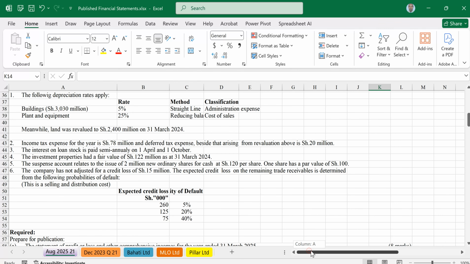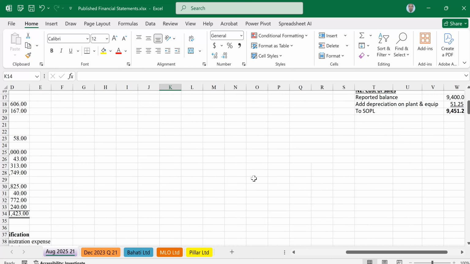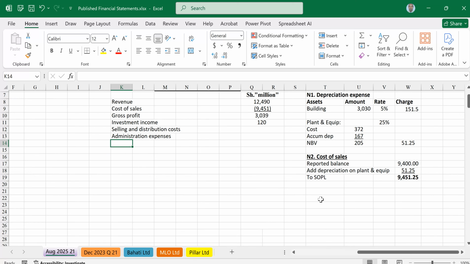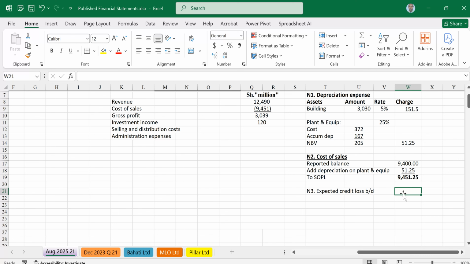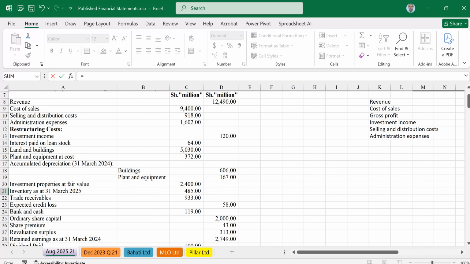So we start with expected credit loss, brought down, start with brought down. So expected credit loss brought down is here, 58.